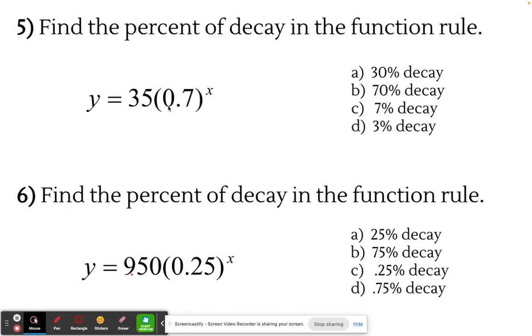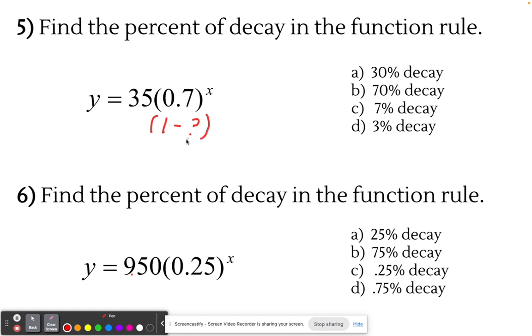Let's find the percent decay for these ones. Okay, remember, what's in our parentheses is 1 minus our percent decay. So 1 minus what will give me 0.7?